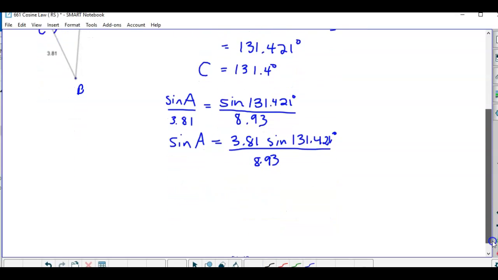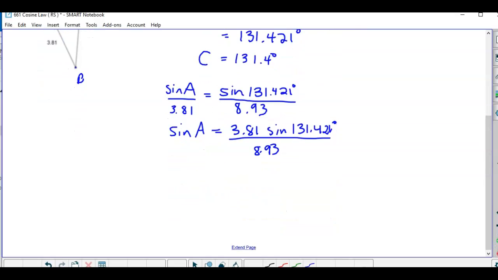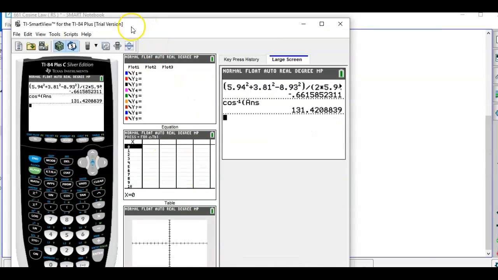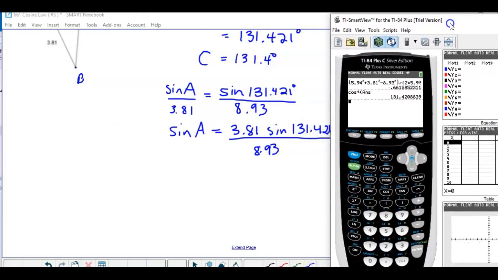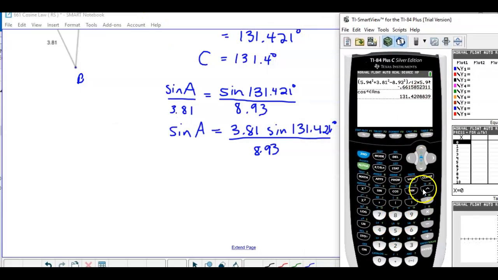So in our calculator, again, in this case, we don't need brackets, so 3.81. You can put it in fraction form as well. Sine of 131.421.